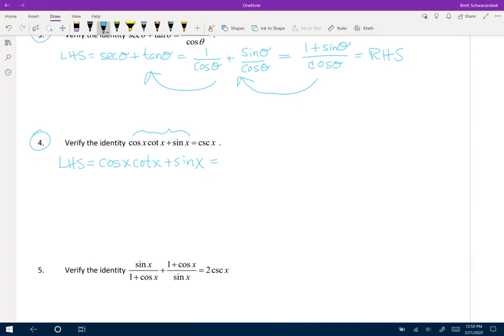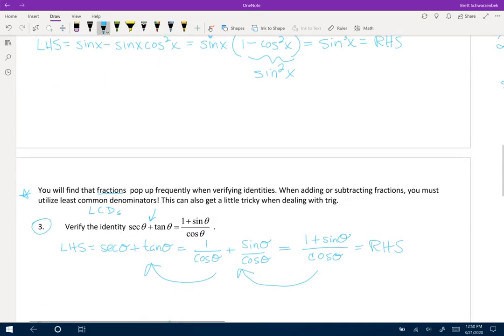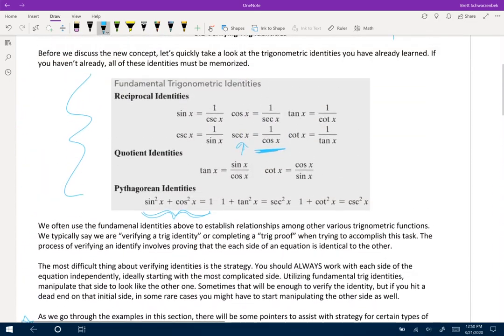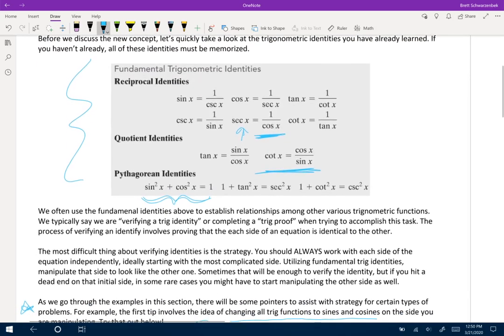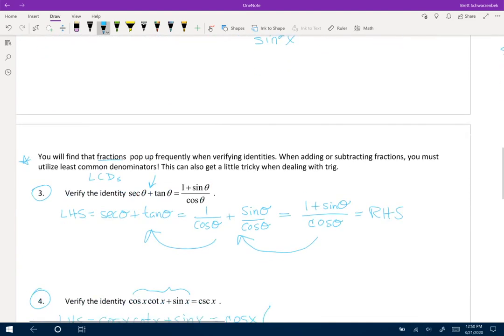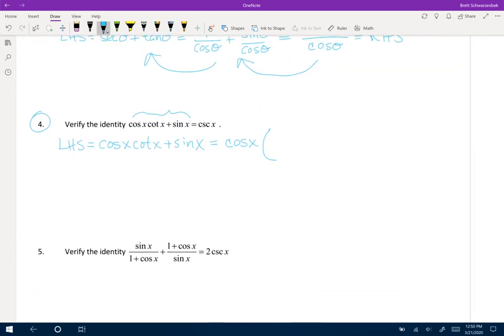So let's do that. We have cosine x, cotangent x, and just as a reminder, cotangent x is the inverse, the reciprocal, of sine over cosine. You're going to get cosine over sine here, and we'll rewrite the sine x. Okay, so the result is a little bit different, actually.